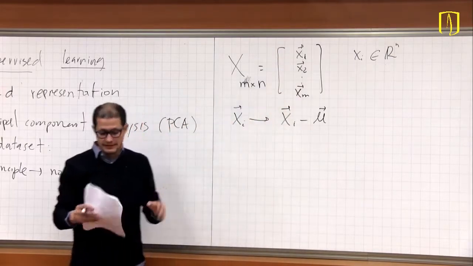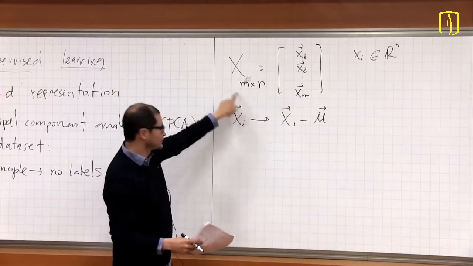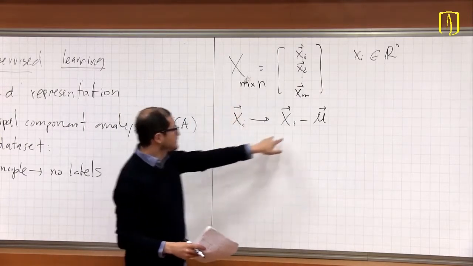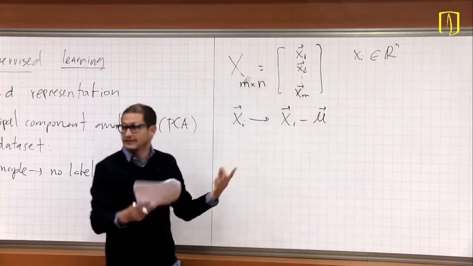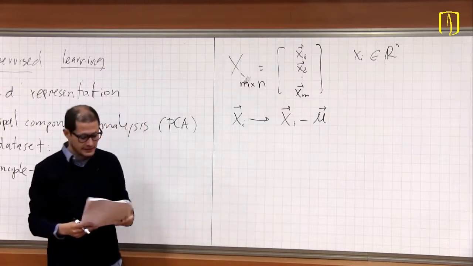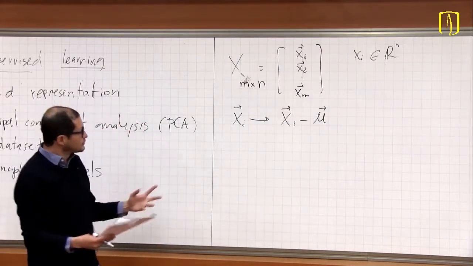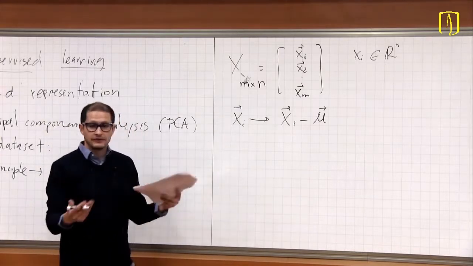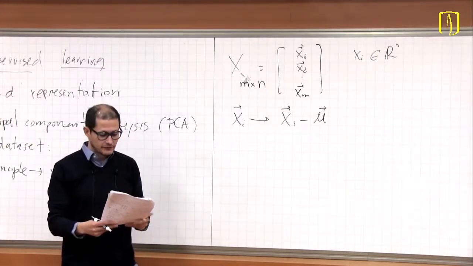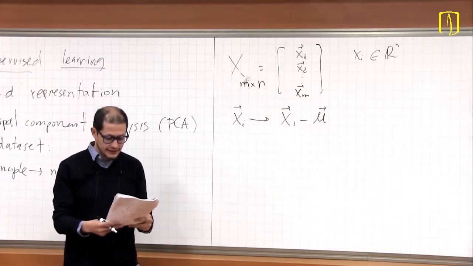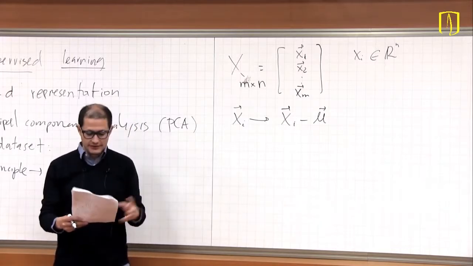From now on, when I write x, I mean xi minus the mean. The idea with PCA is to find a new basis to represent this data set in terms of the principal components, and I'm going to try to describe what they are.